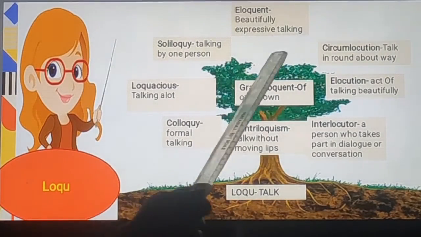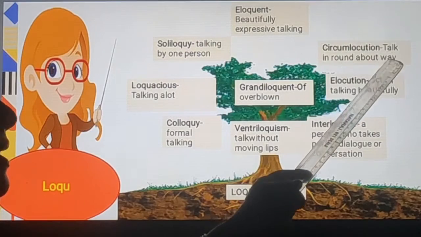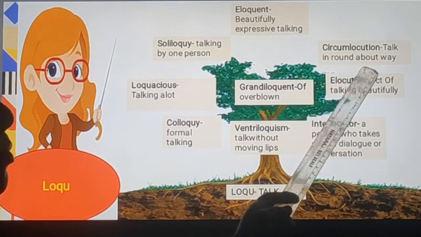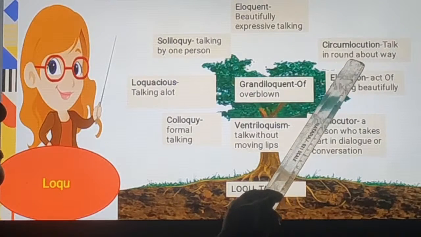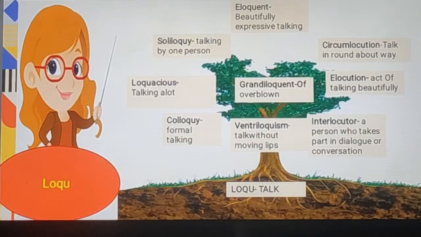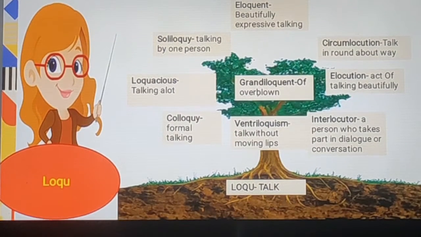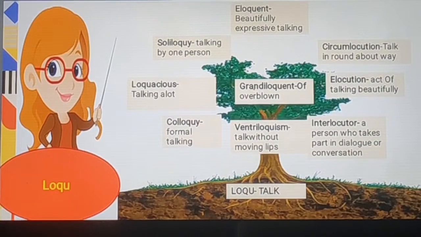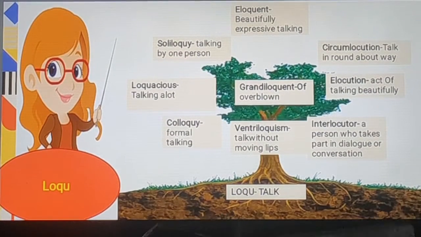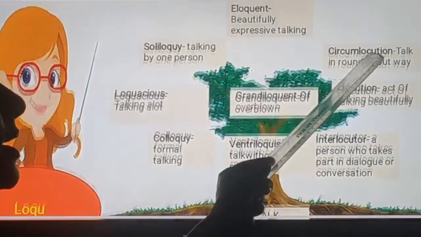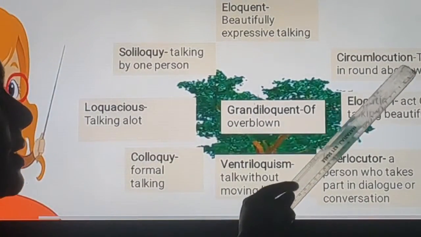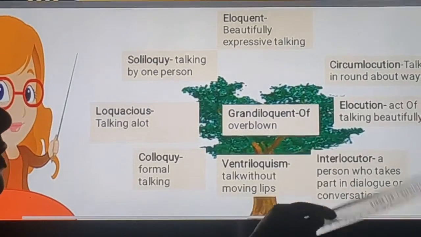And next one, circumlocution means talk in a roundabout way. Here circumlocution means talking around our surroundings, the persons around us. That is talk in a roundabout way.